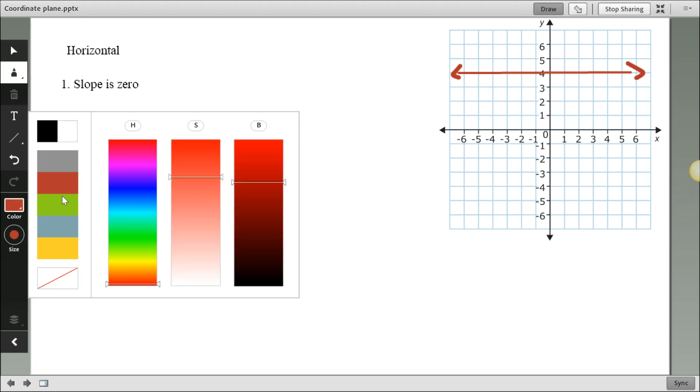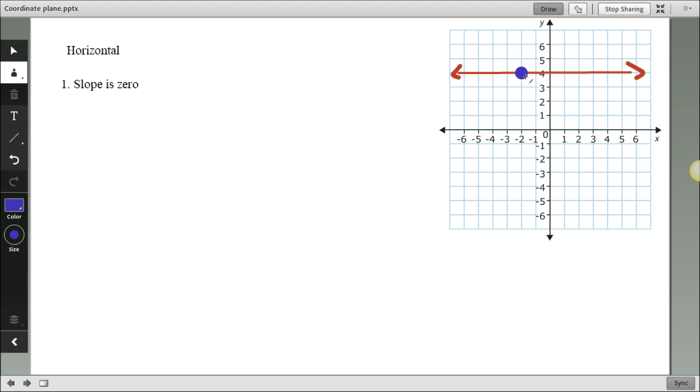I'm going to change color. Let's just pick 2 points. There's a point, and there's a point. So what are the coordinates of those points? So if we look at the point on the left, that is -2, +4. If we look at the point on the right, it is 3, +4.